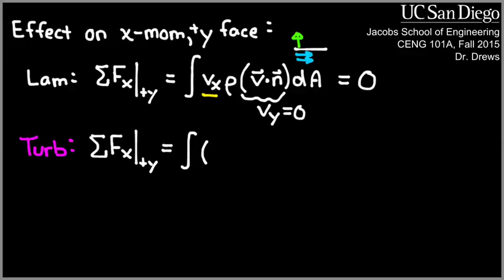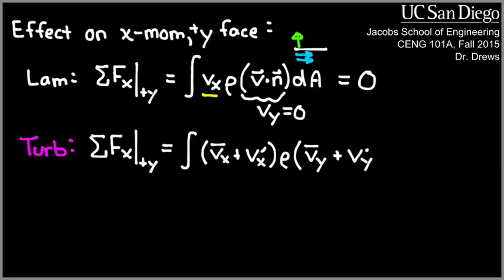So v sub x will become vx bar, which is our time average term, plus v sub x prime, which is our fluctuating term. All of that multiplied by rho, and now we look at our v sub y term, and again I get 2 terms. This is actually v dot n, which is v sub y. So I get the time average component of v sub y, plus the fluctuating component, v sub y prime, integrated over the area.